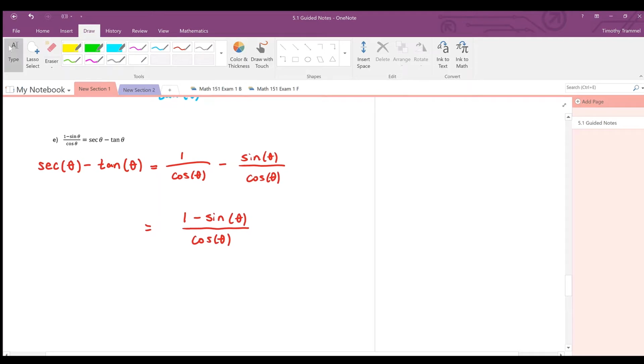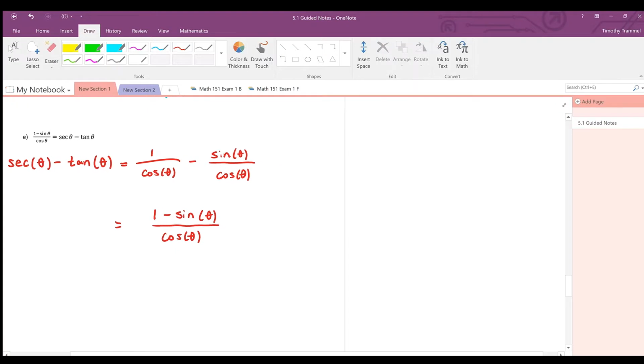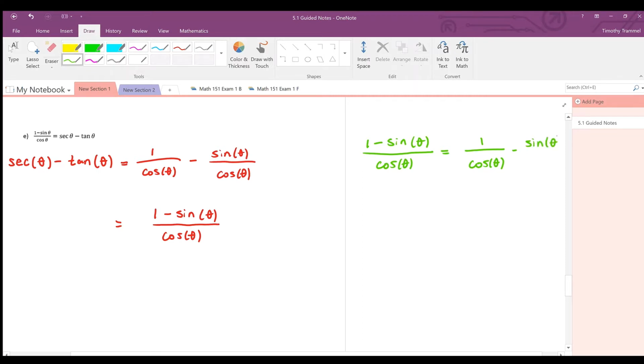If any of you are curious how we could have done this starting with the other side, let's see what that would look like. So had we started off with 1 minus sine of theta over cosine of theta, one little trick is you can split the numerator here. I could rewrite this as 1 over cosine theta minus sine theta over cosine theta.